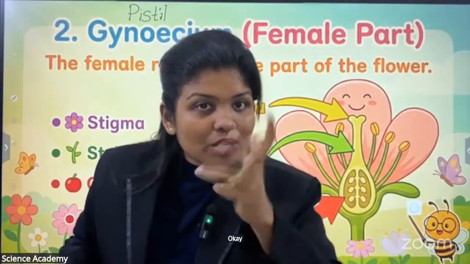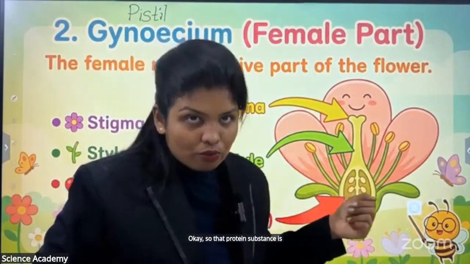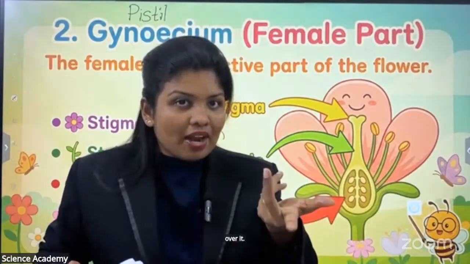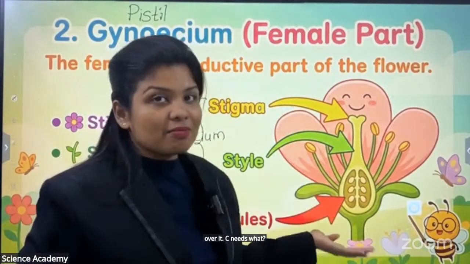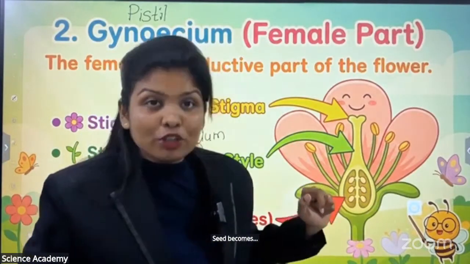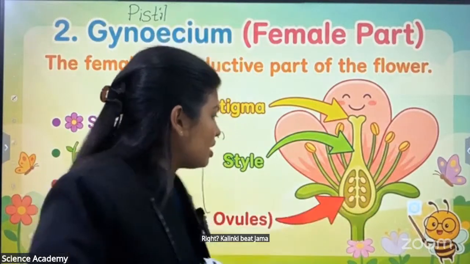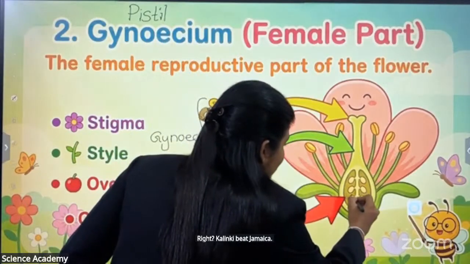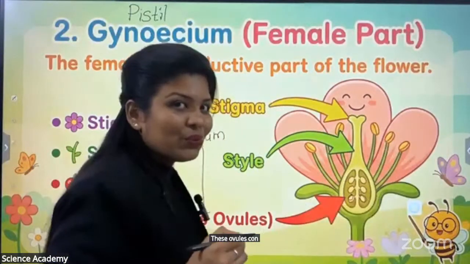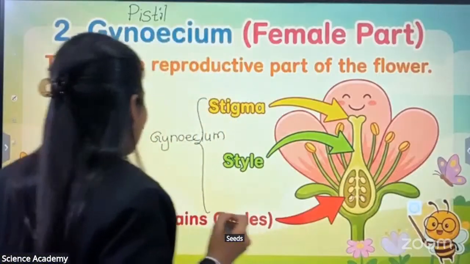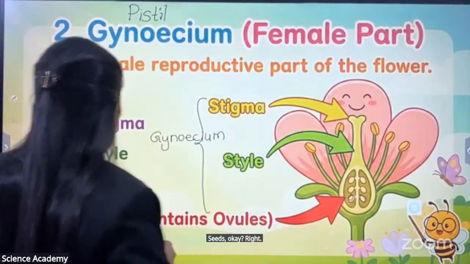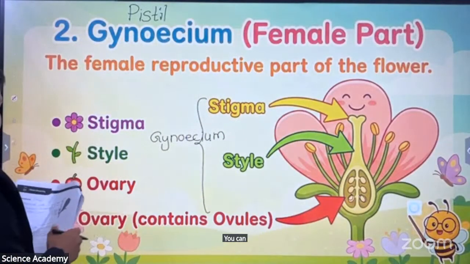So that fruity substance is ovary. Seed is what? Seed becomes the previous ovules. These ovules inside convert into seeds. Okay, right. Okay, children. You can write down.